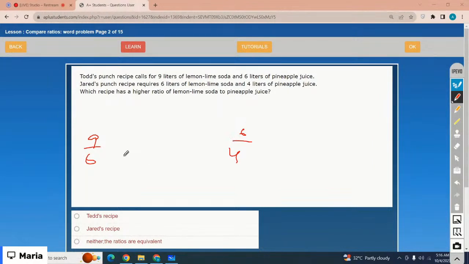Divide them and multiply them by 100. That's how you convert them into percentage form, right? And converting them into percentage form and then comparing is easy. 9 over 6 is 1.5. 1.5 times 100 is 150. Okay, then 6 over 4 is 1.5, and when multiplied by 100, that would be 150.